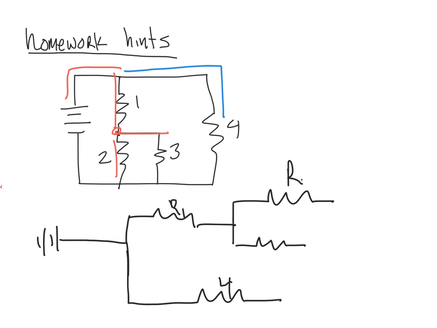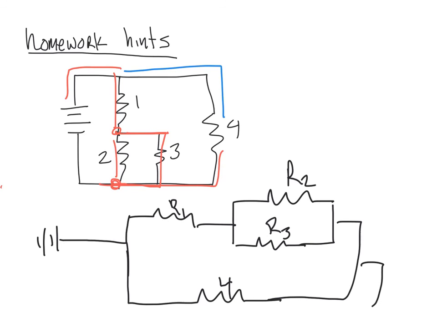So we'll call that R2 and this one R3. But eventually, the current that goes here through R3 is going to meet back up with this, right? And all of it's going to meet back up with that. So these are going to meet back up, and they're going to come back around and meet back up with that. And then all of this is connected back to the battery.